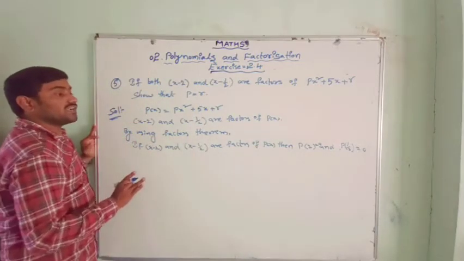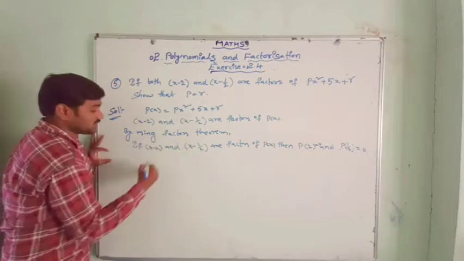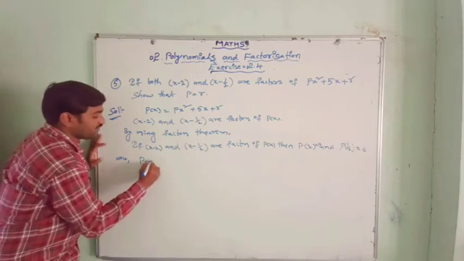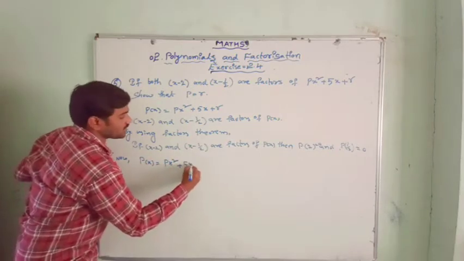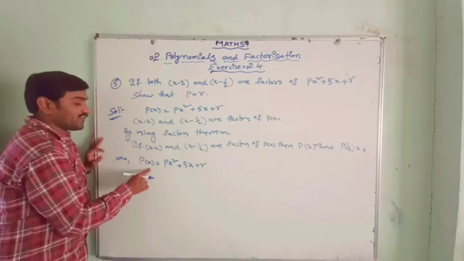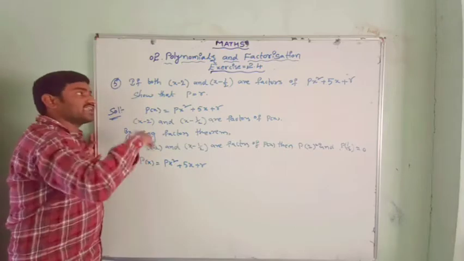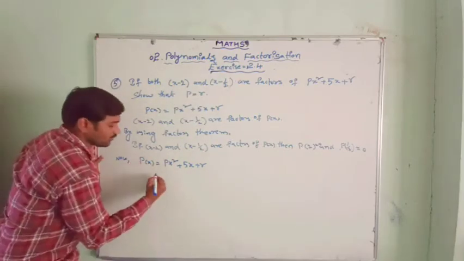So first of all, let us check. Now we go for the solution. Let us take this p of x, where p of x equal to px square plus 5x plus r. This p of x will definitely equal 0, because already they have given these two are the factors.